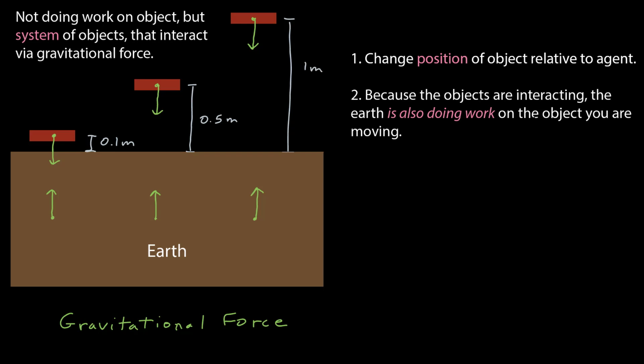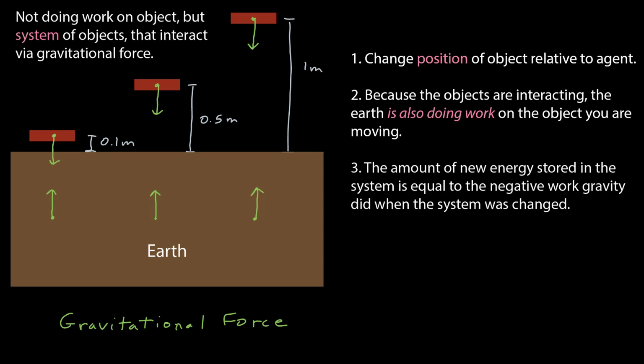Note that in doing so, because the objects are interacting, the Earth is also doing work on the object you are moving. Work comes from a force acting over a distance, and since the Earth is acting on the book and it's moving, the Earth is also doing work.